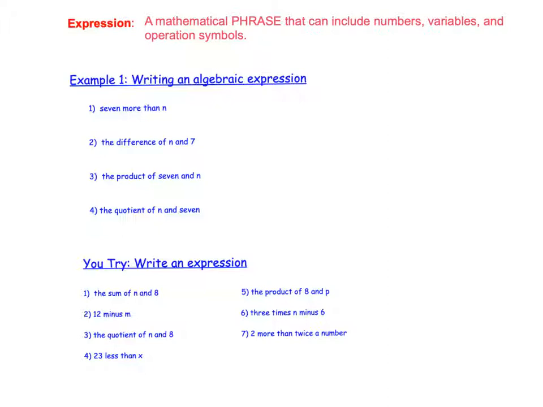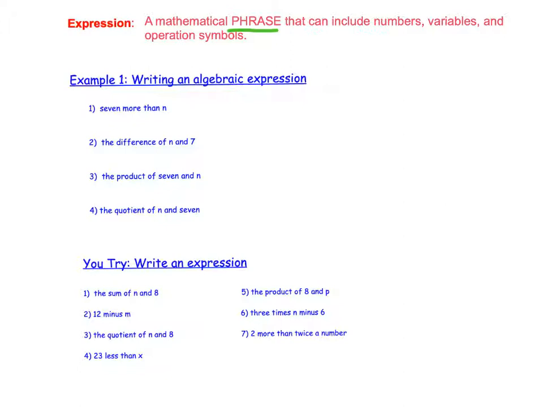A phrase is an incomplete sentence if you think about it. It has the parts of a full sentence, but it's not complete yet. And that's the same thing in math. So an expression is very different than an equation. An equation, and I'll talk about this a little bit on the next slide, has an equal sign because it's complete. But an expression is like only one part of a mathematical statement.